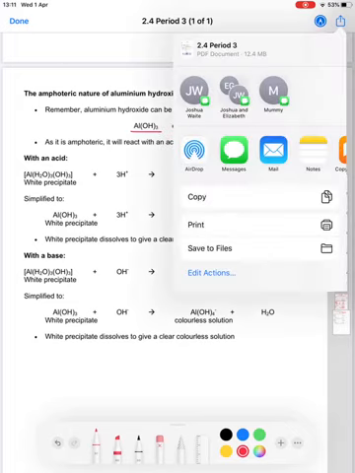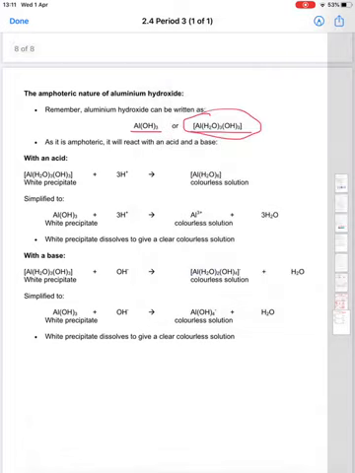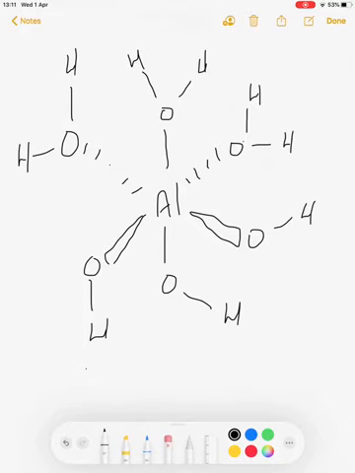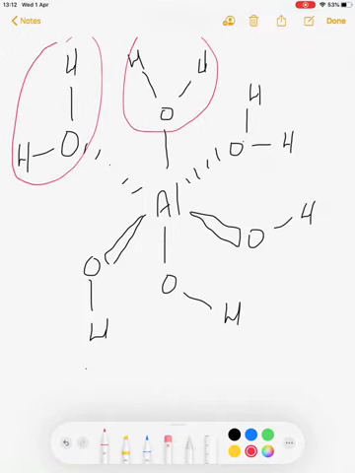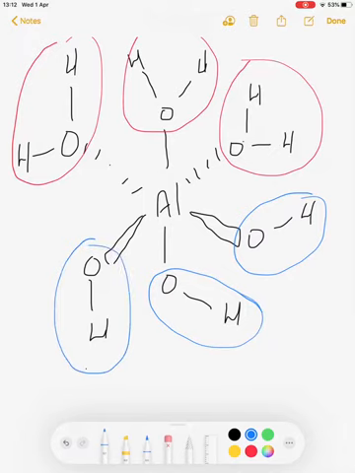If I go back to this here, which we looked at earlier, this is the point at which we've got aluminium hydroxide. I'll just highlight a few bits for you. So we've got 1, 2, 3 waters, and we have 1, 2, 3 hydroxides.